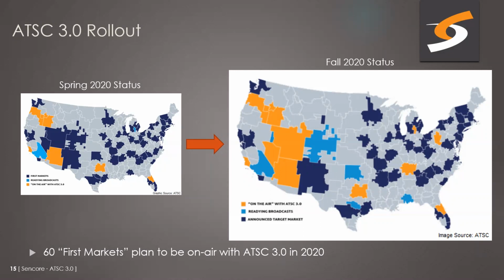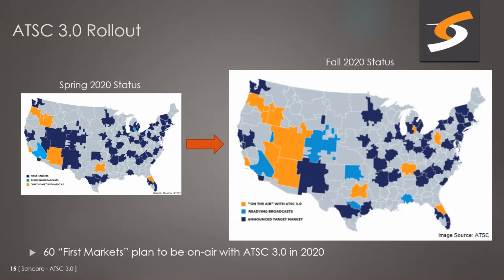I know with the pandemic situation, there were some definite delays related to being able to roll out these new transmitters, getting workers in place to be able to do those upgrades. It seems like that is starting to roll again. And there are definitely more and more on-air situations.